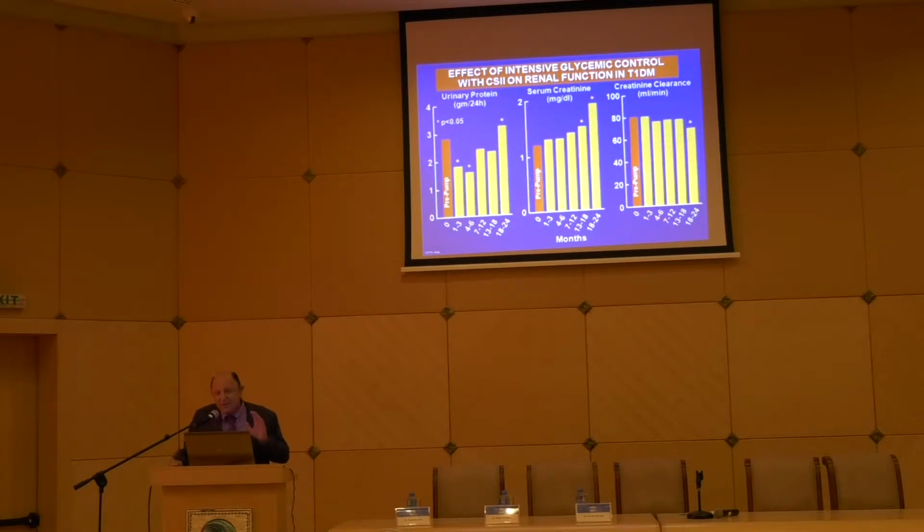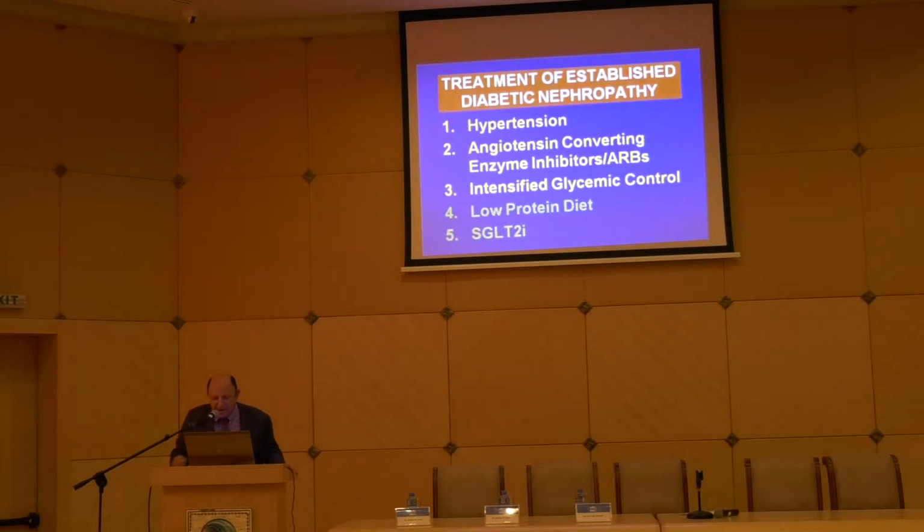And there is a level of macroproteinuria that's somewhere about 300 to 500 milligrams of albumin in the urine. When you get to that level, intensifying the glycemic control has very little to no effect on preventing the progression of diabetic nephropathy. Another reason for starting to treat this disease early to prevent this complication and make sure the glucose doesn't rise.